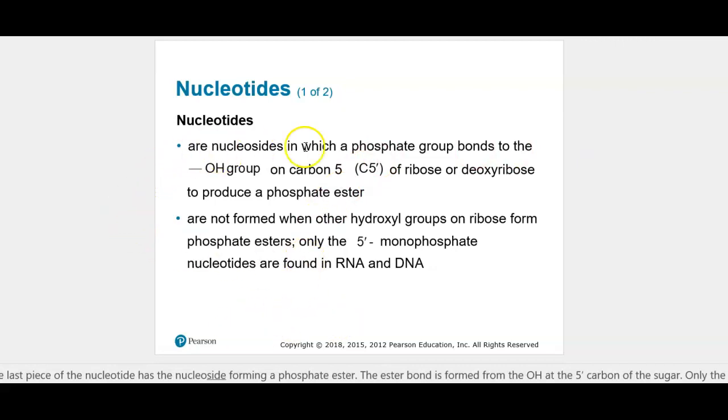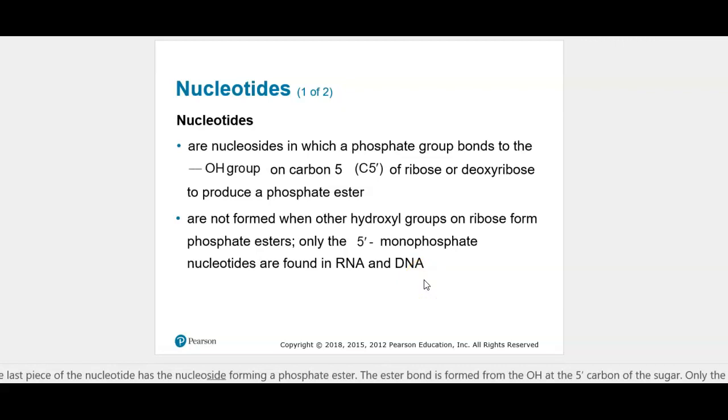When a phosphate group reacts with the group on carbon 5, the 5' carbon of either ribose or deoxyribose, to produce a phosphate ester, the only nucleotides we have are 5' monophosphates. Those are the only 5' monophosphate nucleotides found in RNA and DNA.